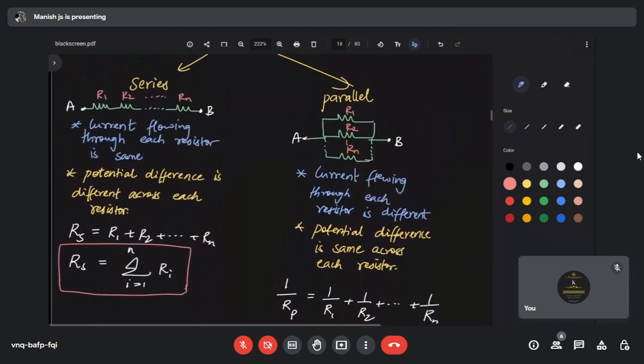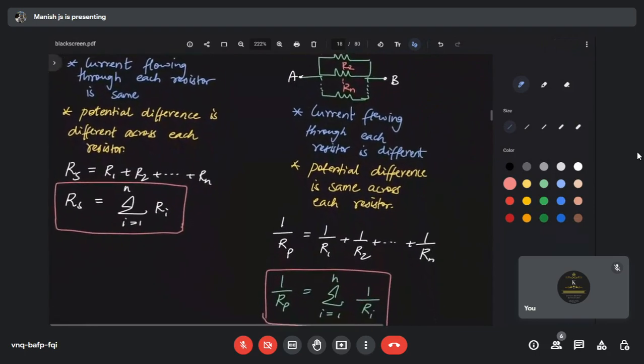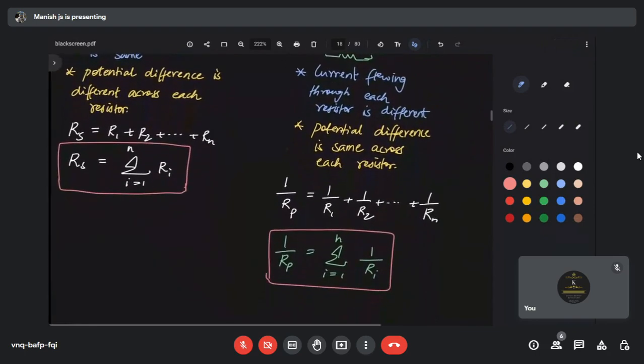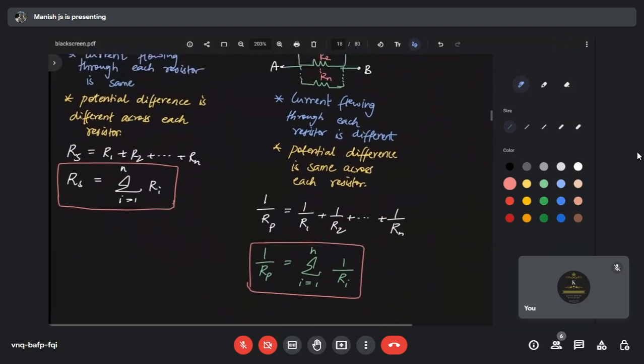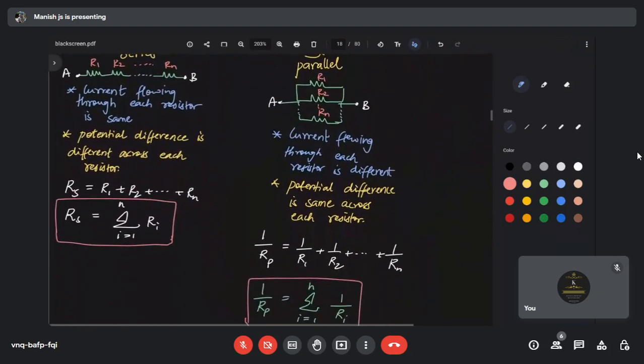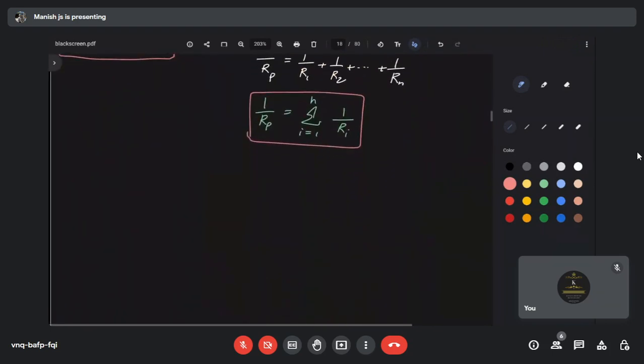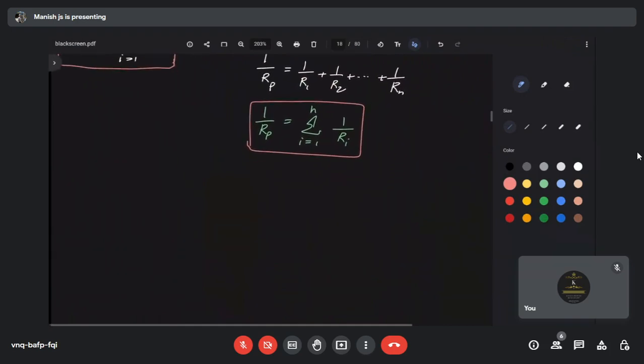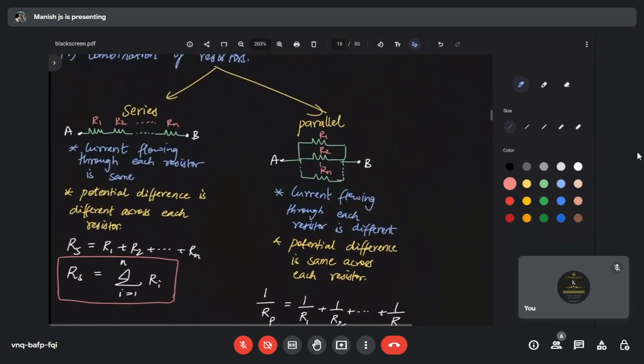That's all about series and parallel combination of resistors. After this, we have the current bifurcation or current division in resistors when they are connected in parallel. So there is a formula where you can directly find it out.